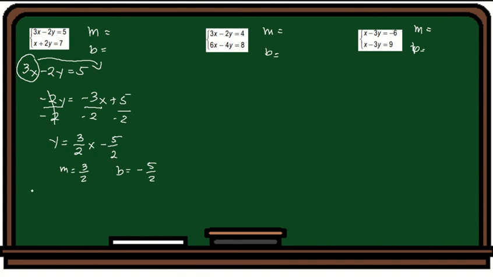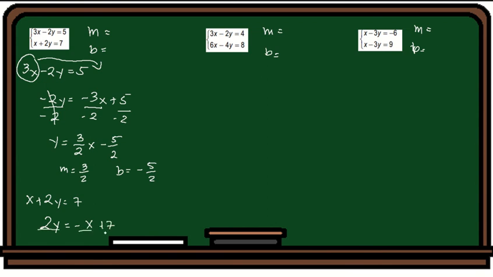For the second equation, we have x plus 2y equals 7. So to make this one into slope-intercept form, transpose x, so you have 2y equals negative x plus 7.